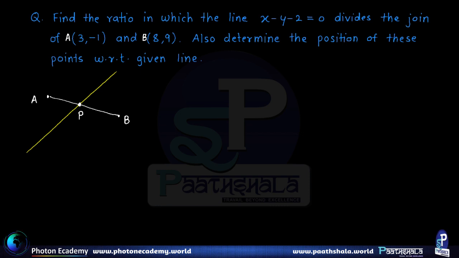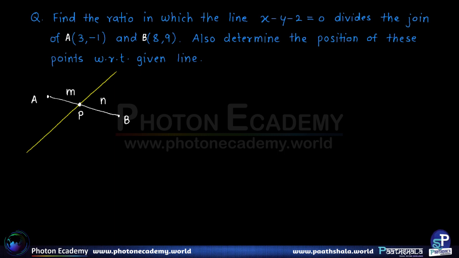Now whenever we have to assume the ratio in which this point P divides AB, normally the tendency would be to assume it as m:n. But the drawback of this way of assuming is that there are 2 variables involved, that is m and n, the 2 unknowns. So rather than assuming it as m:n, we assume it in a slightly different way.